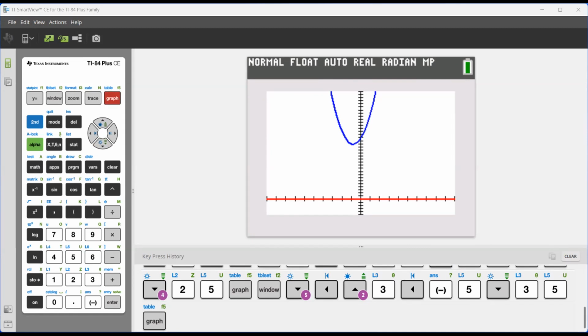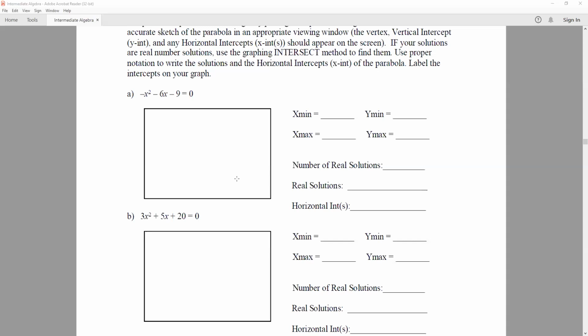So what are we going to say? The x minimum, I did -10, x maximum +10. This I did -5 and then 35, which is fine. And then make sure that when you draw your graph, you set it up in the same way, okay?